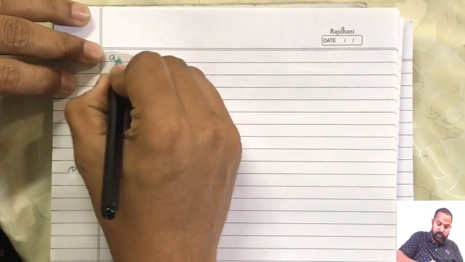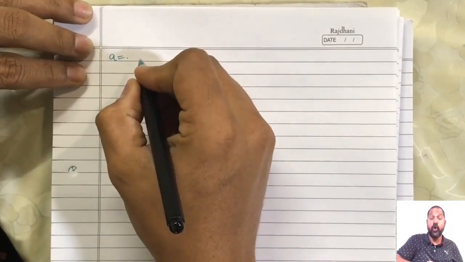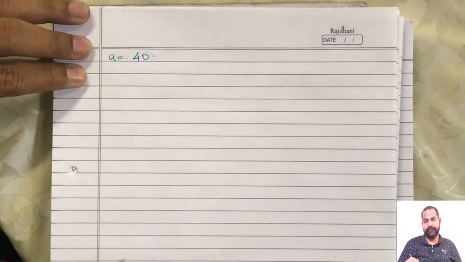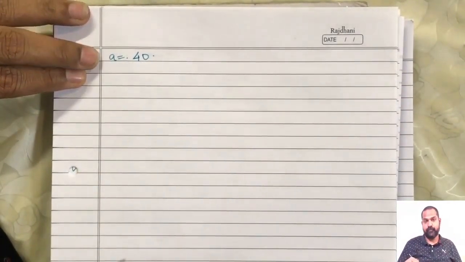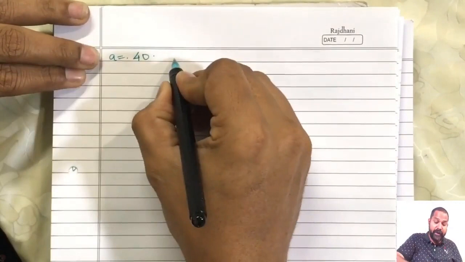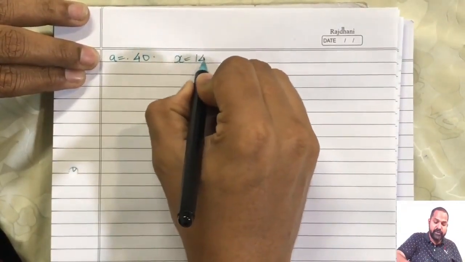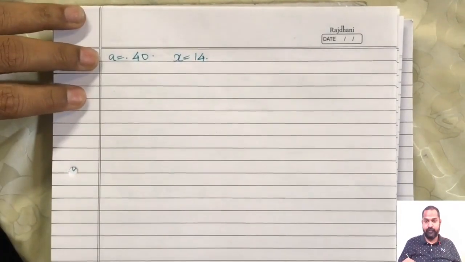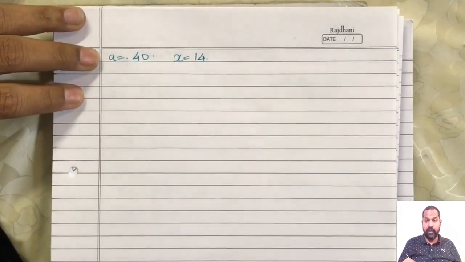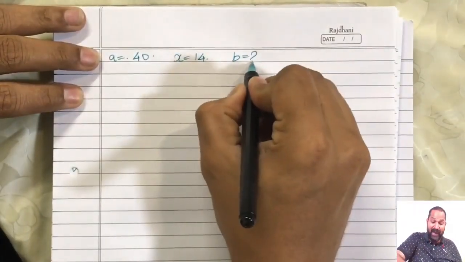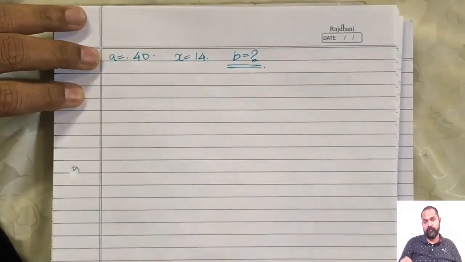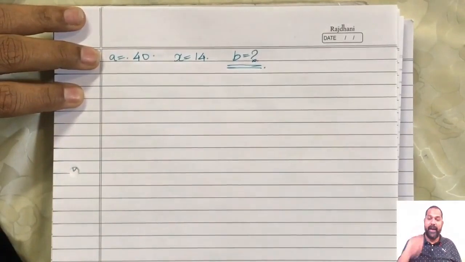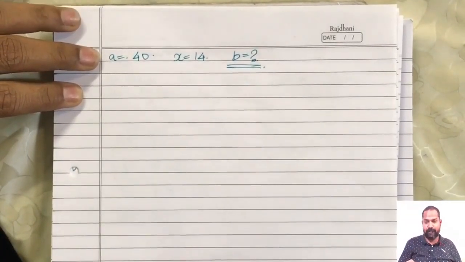A, which is the first unit that I made, took 40 hours, for 14 units. The learning, I don't know. I have to find what the learning is. And if it is 80%, then the manager's assumption is correct.